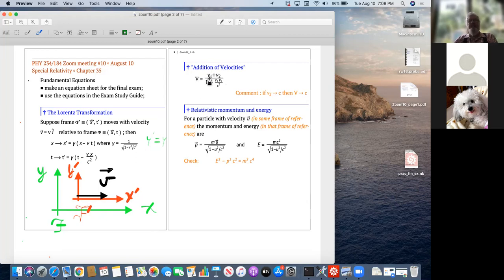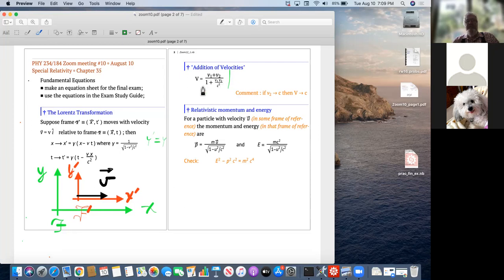If v1 is the motion of a frame of reference, let's say, and v2 is the velocity of an object in that frame of reference, then v, the velocity as it would be measured in the Earth frame, is (v1 plus v2) over (1 plus v1 v2 over c squared). And this is an equation which you'll use in some of the Kappa problems, and probably also, or maybe also, in one of the exam questions.